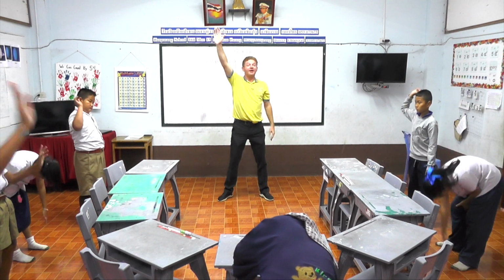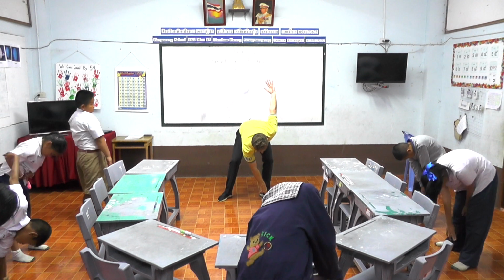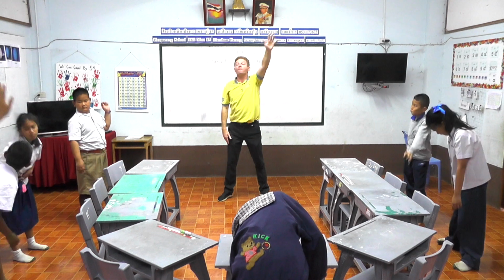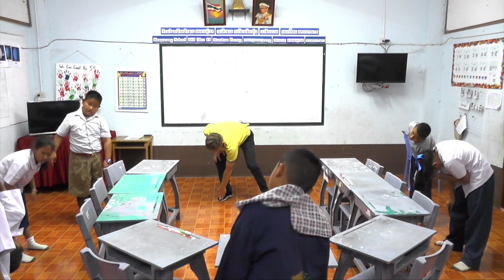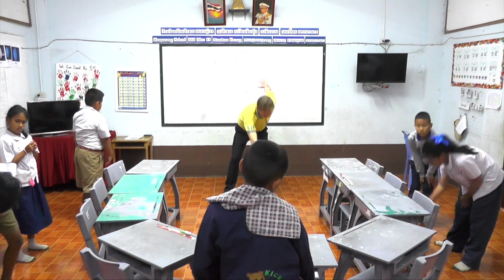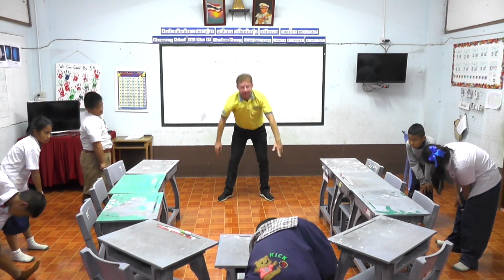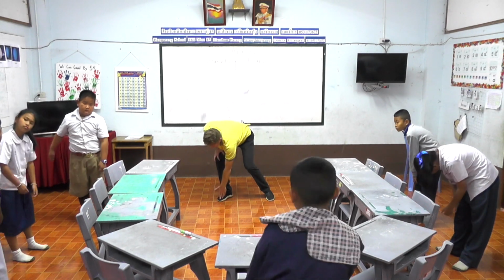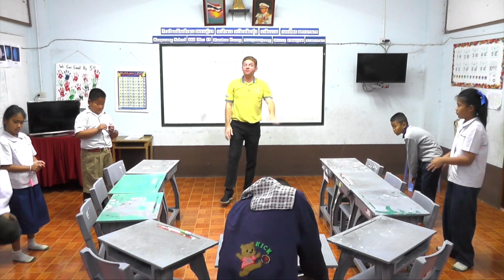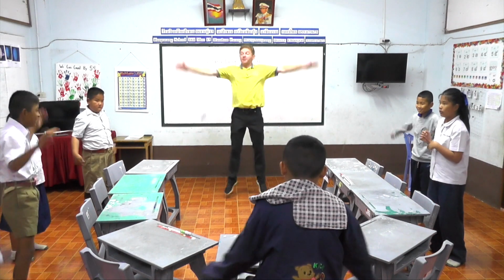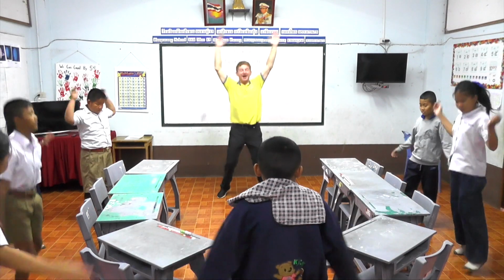Right hand, left foot. Left hand, right foot. Right hand, left foot. Left hand, right foot. And to finish, guys, we will do 5 star jumps. 1, 2, 3, 4, 5.